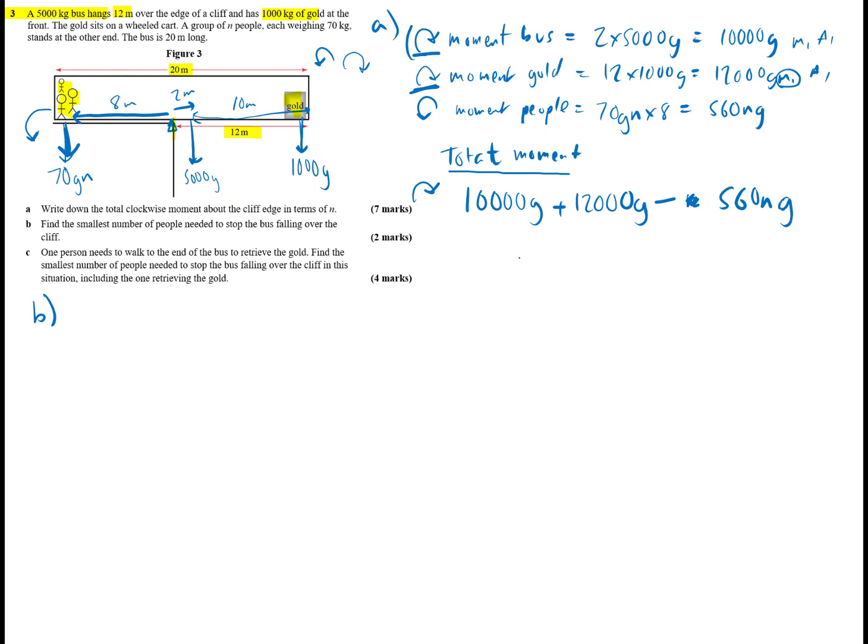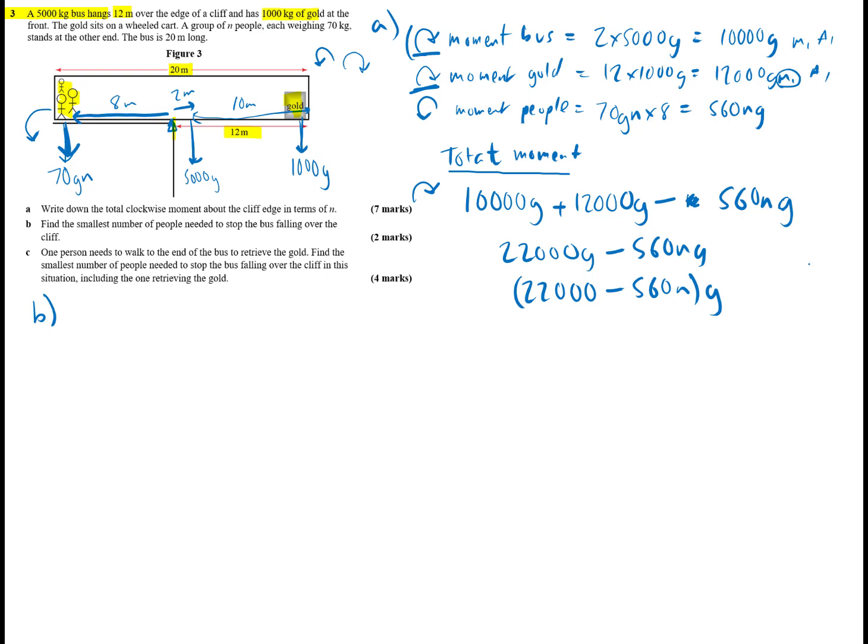So that's going to make 22,000 g minus 560 ng, and then we can just factorise the g out for cleanness, 22,000 minus 560 n, and g on the outside.